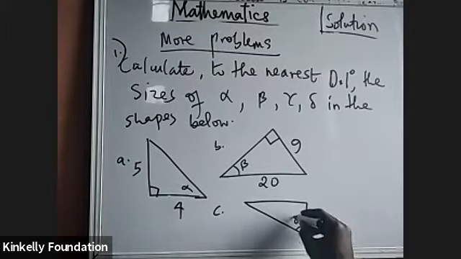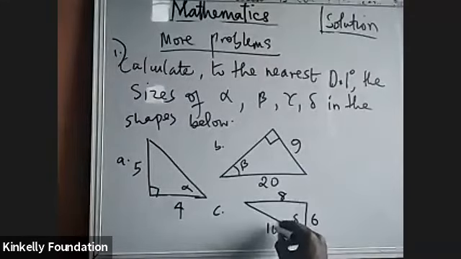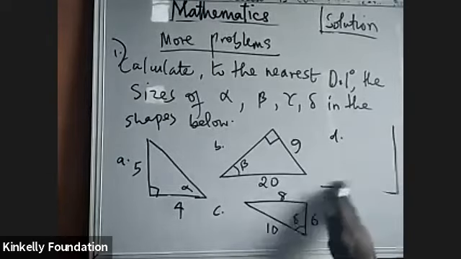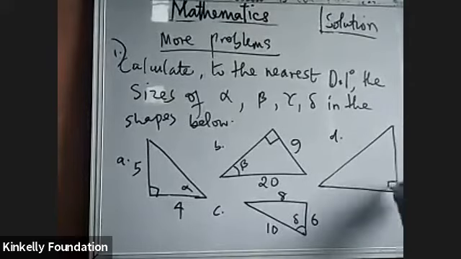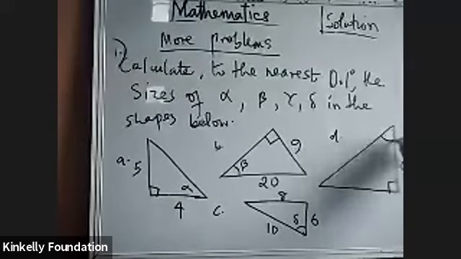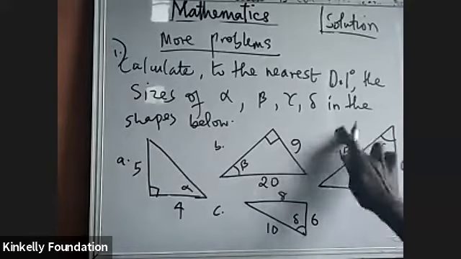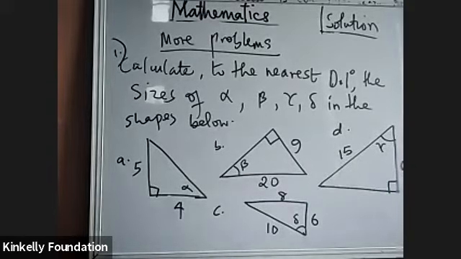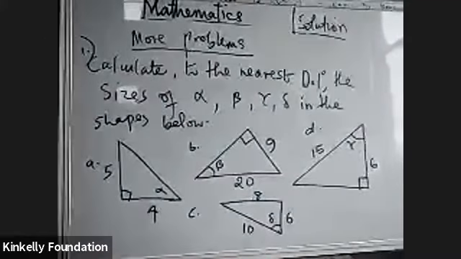Here is delta, here is 6, here is 8, here is 10. And the D, you have this, 6, you have gamma, you have 15. We have to fill in the values of those missing angles.